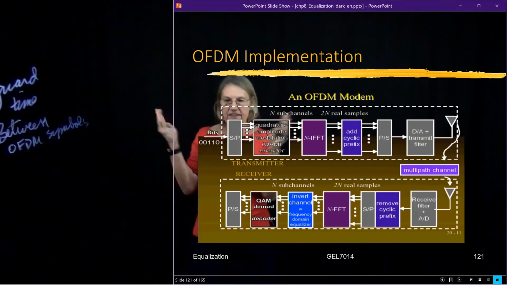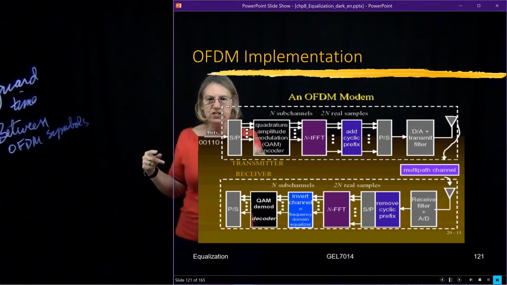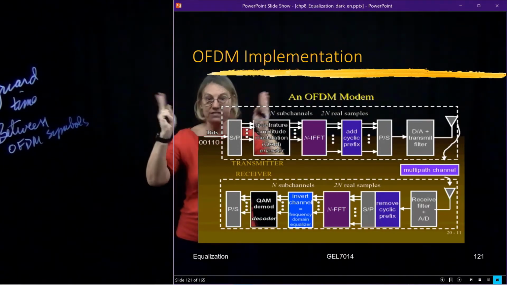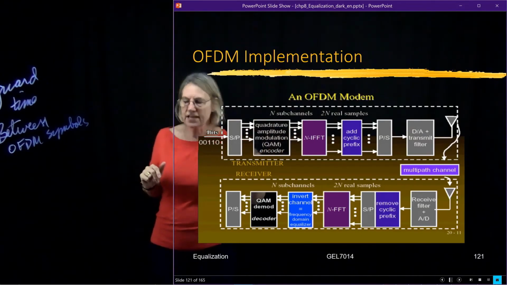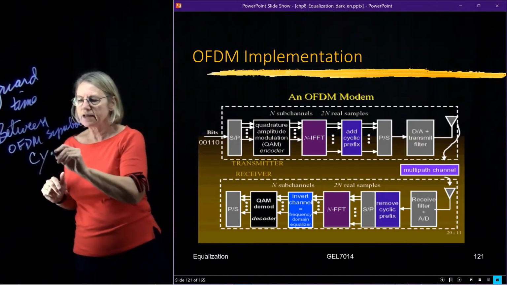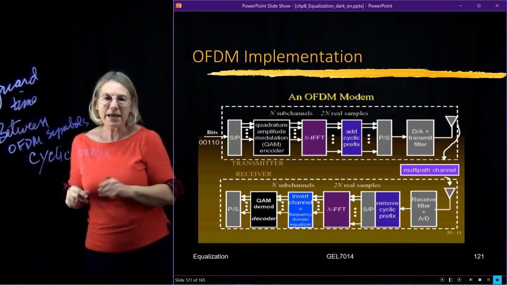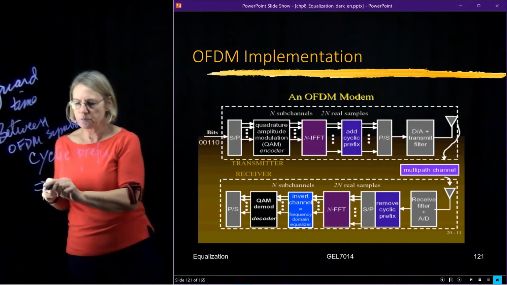so I've gathered together a whole bunch of bits in this whole vector. That vector of time domain samples that comes out I call an OFDM symbol. And between them I have a little guard. This guard time is used for a cyclic prefix, and basically the length of that time is determined by the delay spread.